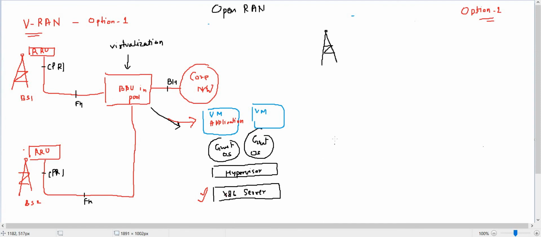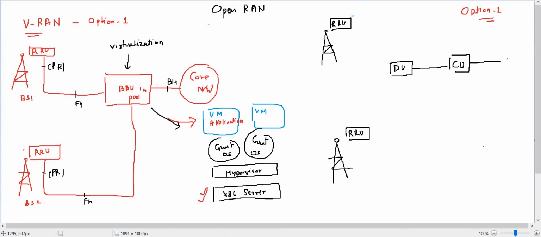This is our base station 1, this is our base station 2, and this is the RRU of base station 1. This is the RRU of base station 2. Now we split the BBU into two entities. The first entity is known as DU, the distributed unit. The other entity is known as CU, the centralized unit. And this is further connected to your core network.